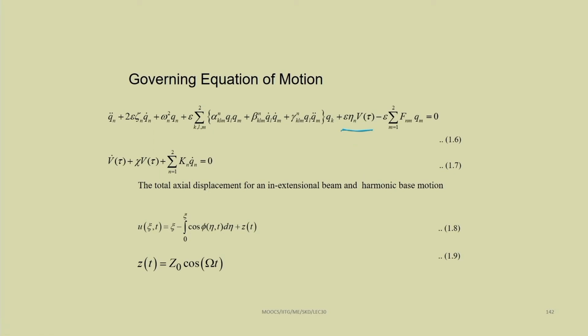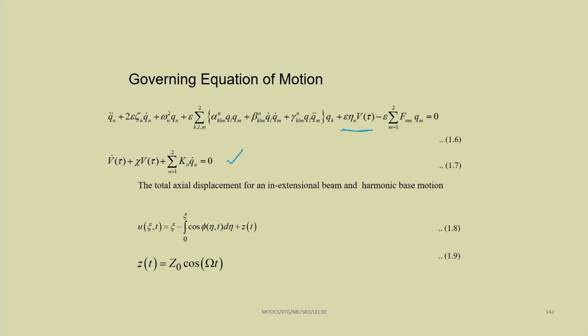It couples both these equations, that is, the mechanically vibrating term q with this V, minus the forcing term, minus epsilon sum from m equal to 1 to 2 of f n m q m equal to 0. Similarly, this is the voltage equation: V dot(tau) plus xi V(tau) plus the sum from n equal to 1 to 2 of k n q n dot equal to 0.